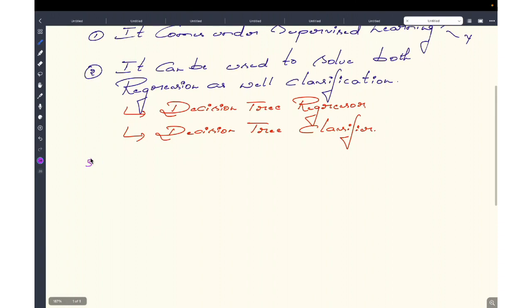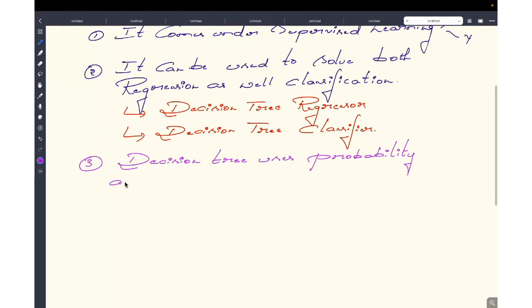Third important thing, decision tree uses probability and if else logic to construct a tree.